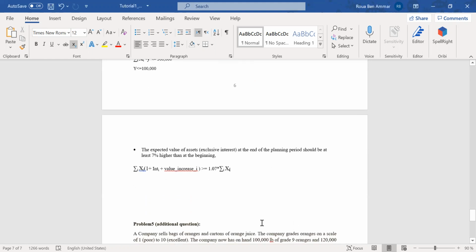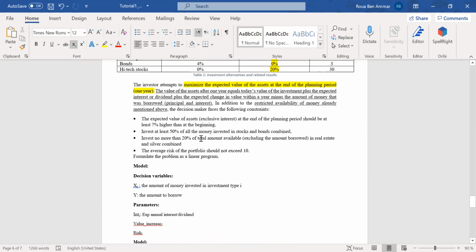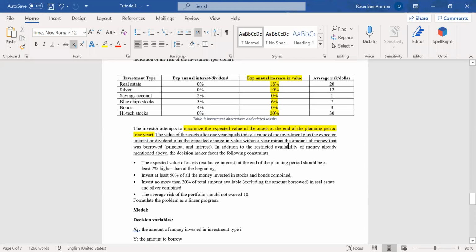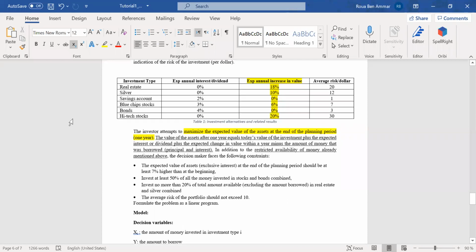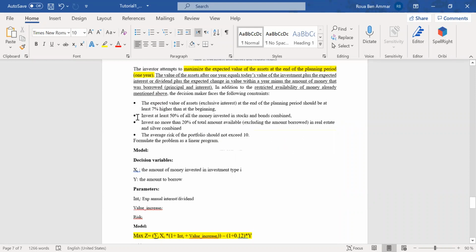Next constraint: we should invest at least 50% of all the money invested in stocks and bonds combined. Stocks and bonds are blue chip stocks, bonds, and high tech stocks, meaning X4, X5, and X6. So I'm just going to copy the text.